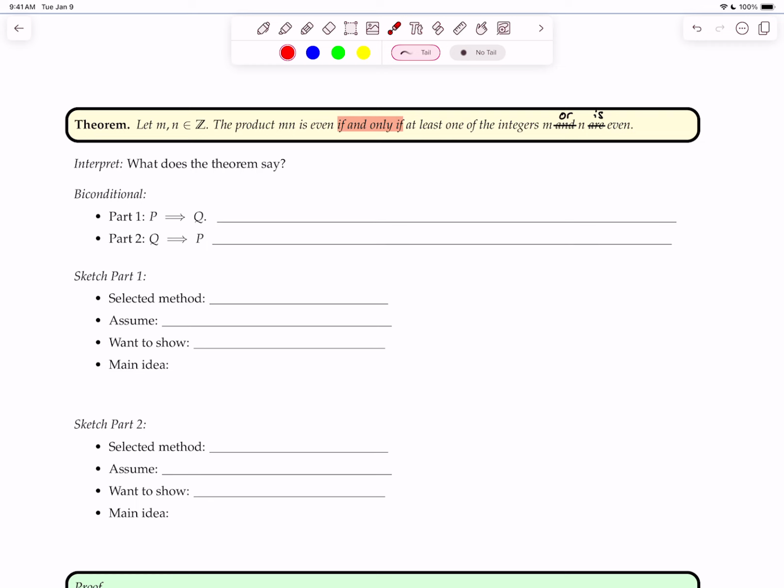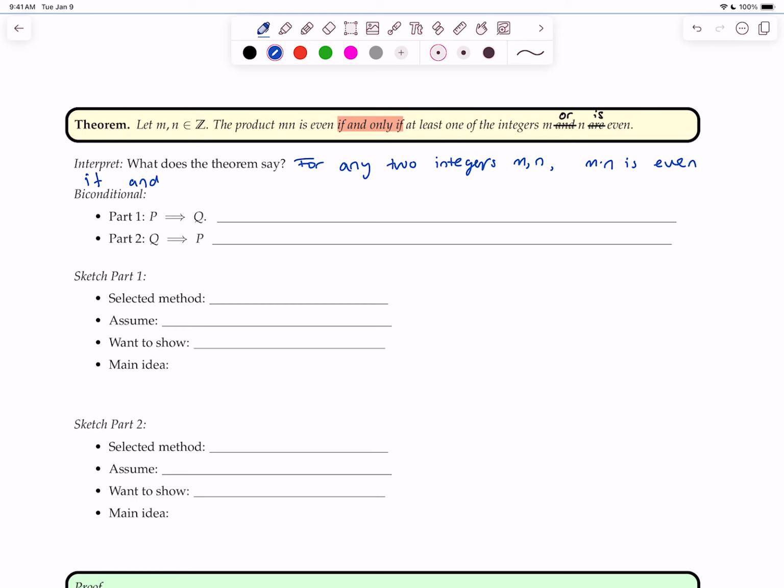So what is this theorem actually saying? Let me do this in color. For any two integers m and n, m times n is even if and only if at least one of them, m or n, is even.